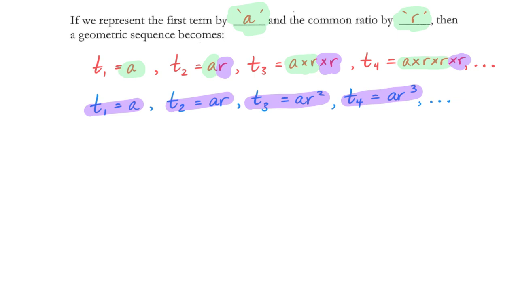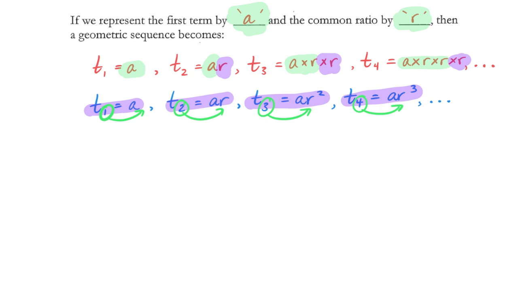Similarly, what we can do is take a look at how we go from term number to the expression for that term. You will notice term 1 has no r's, term 2 has 1 r, term 3 has 2 r's, term 4 has 3 r's, and I'm hoping that pattern is kind of screaming at you: every term has one less r than its term number.